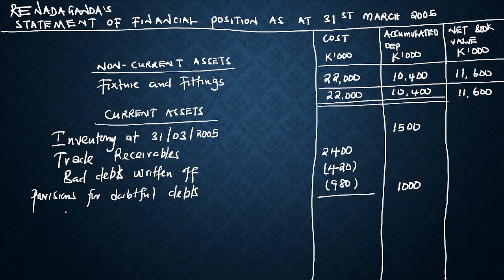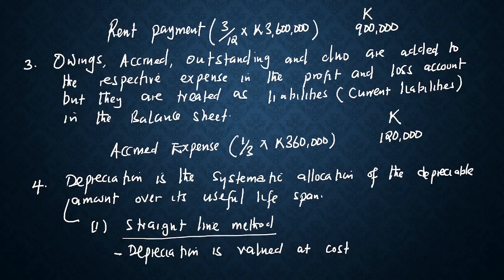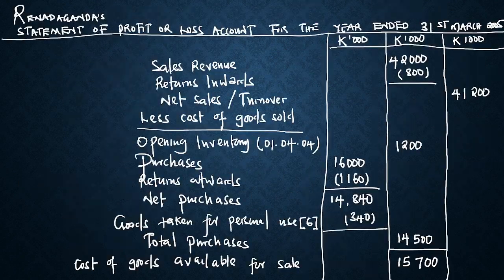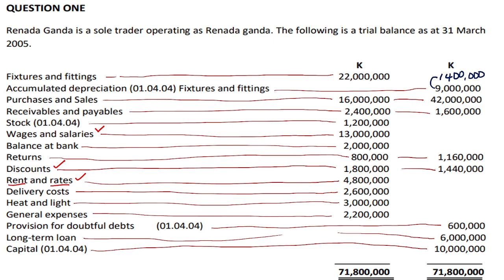We have got bank balance. What was our bank balance? Bank balance is 2 million.